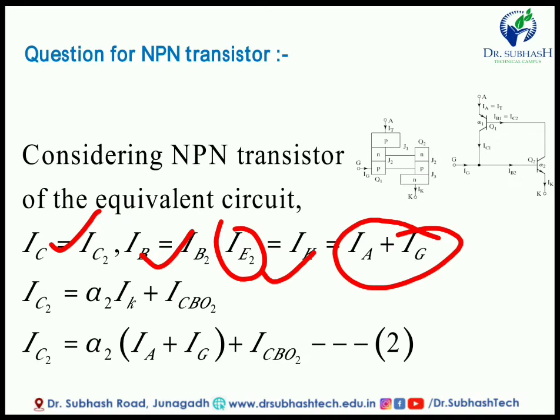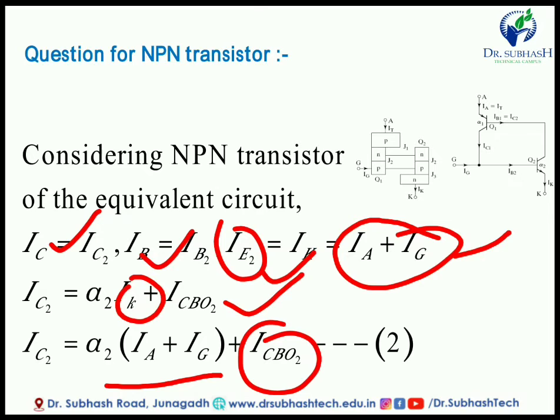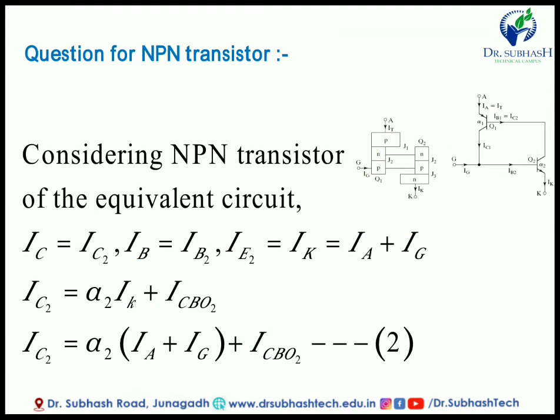IC2 is equal to alpha 2 IK plus ICBO. We put all these values in the previous equation, so we can directly say that IC2 is equal to alpha 2 (IA plus IG), because IK, the cathode current, is nothing but IA plus IG, plus ICBO2. So this is equation number 2. When we put all these values in this equation, we will get IC2.